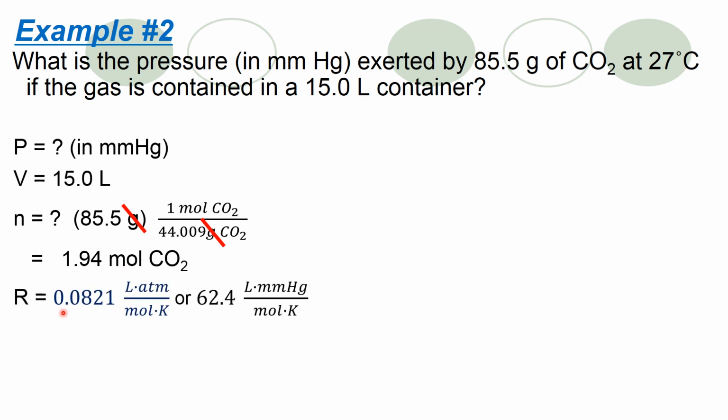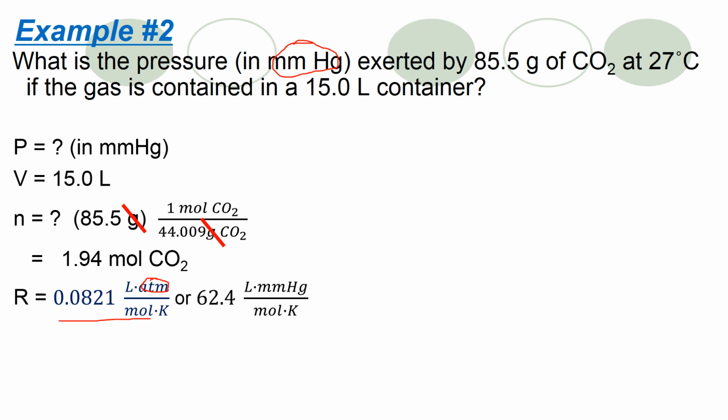Now R, we started by using R right here, 0.0821. But notice the units. The units are atmospheres. And up here, it asked us to convert into millimeters of mercury. So we could use this value for R, but then our answer would be in atmospheres, and we'd have to convert it.